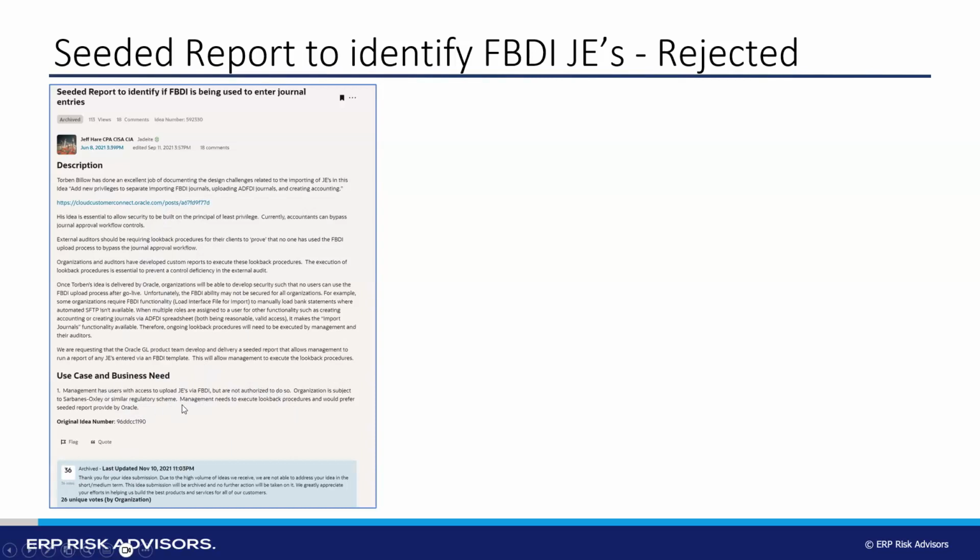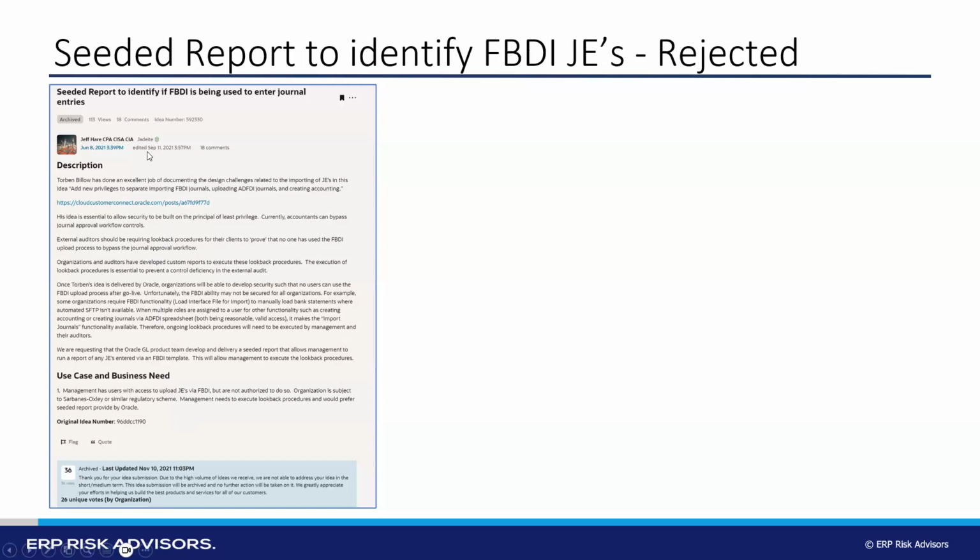So organizations subject to SOX need to be able to execute look-back procedures. And since this is a systemic issue throughout the entire organization, every organization running ERP Cloud would have had the same issue. The right answer would have been Oracle should provide the seeded report.